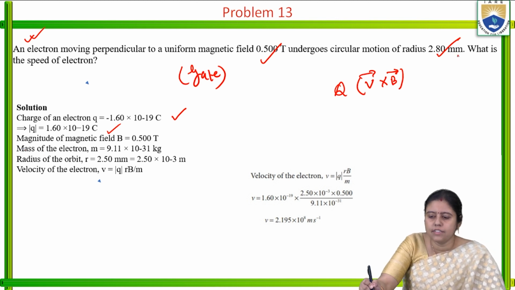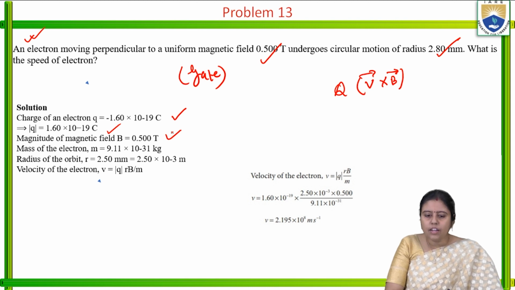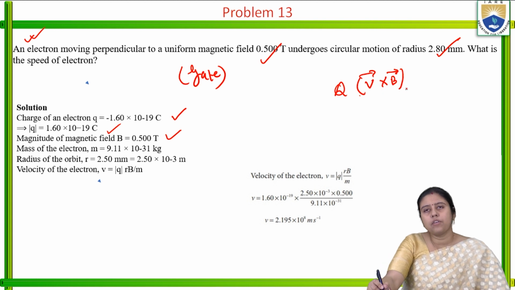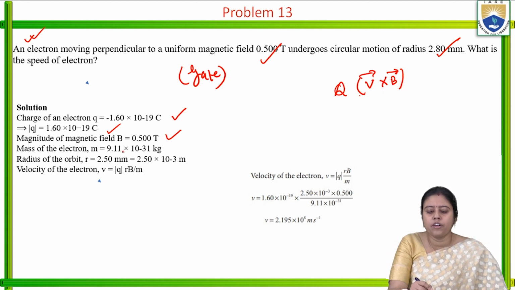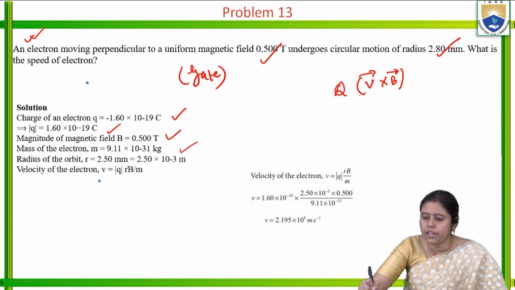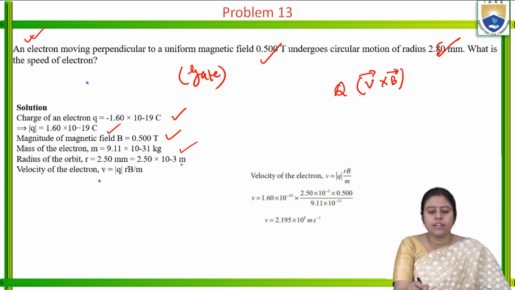The magnetic field is given as 0.5 Tesla. So we have to calculate the velocity. The mass of the electron is 9.11 into 10 to the power minus 31 kg. The radius of the orbit is 2.50 mm.